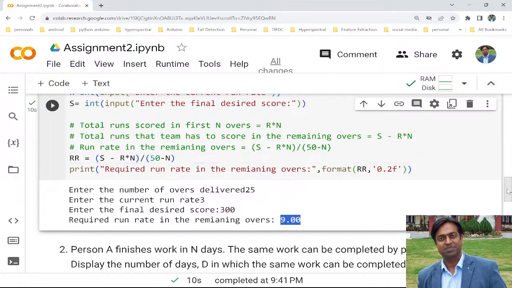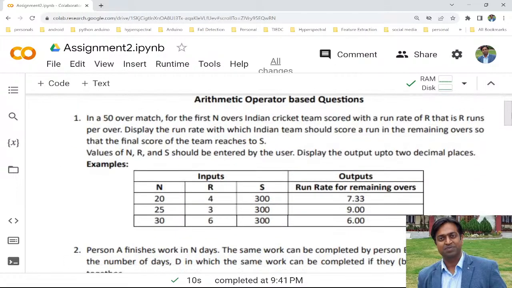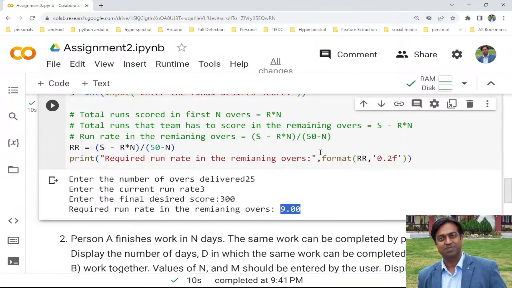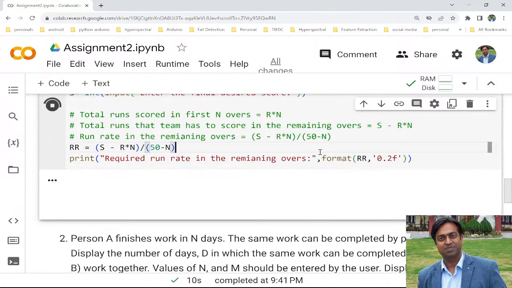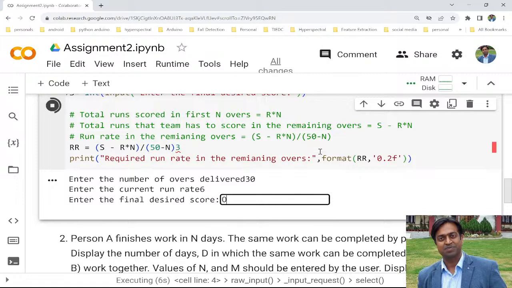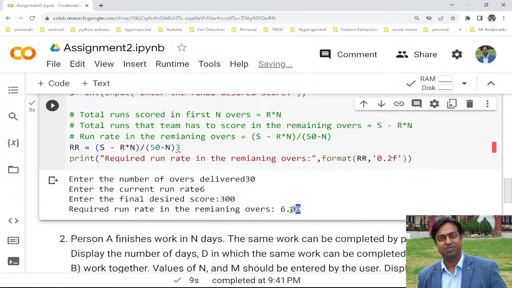In this way we are getting the desired output. Third is 30, 6 and 300, and the output will be 6. Again, if I execute this, 30, run rate 6, desired score 300, I get 6.